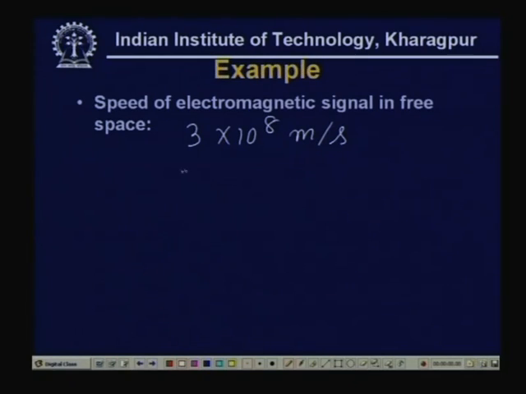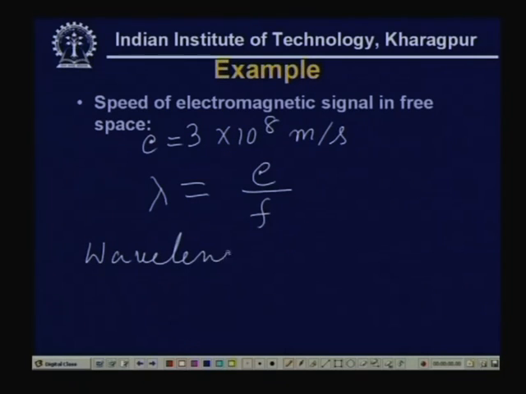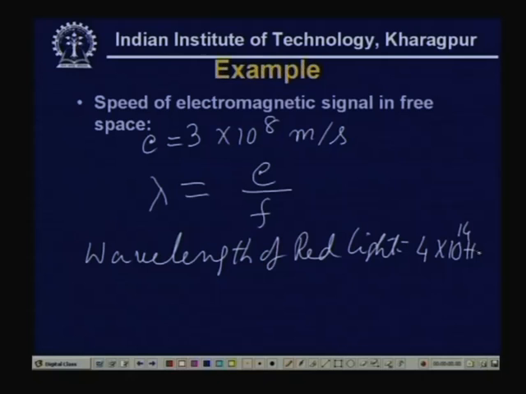Now, lambda is equal to c by frequency, the speed of light by frequency. For example, the frequency of red light is equal to 4 into 10 to the power 14 hertz. What is the wavelength of this?